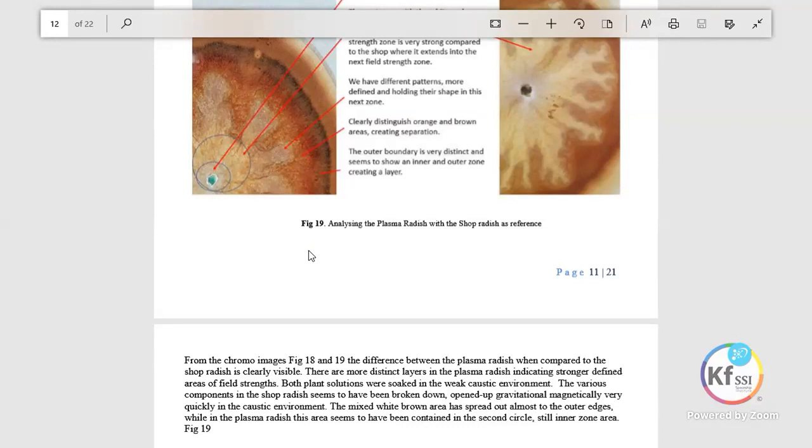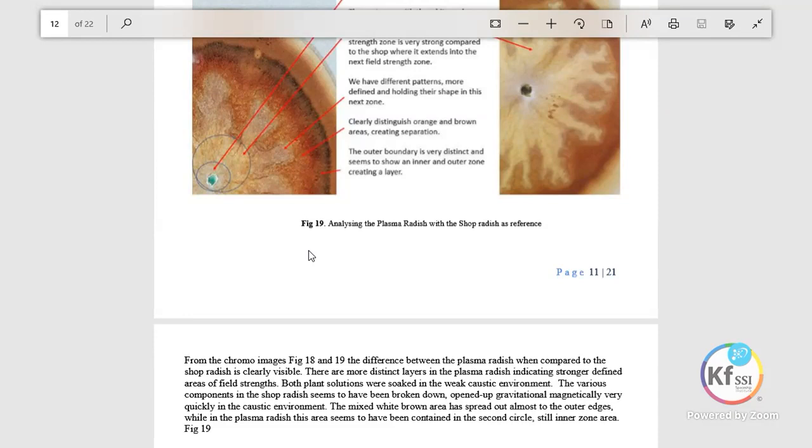Both solutions were soaked in that weak caustic environment. And to me, the various components on the shop radish seem to have been broken down, or as they opened up gravitationally magnetically very quickly in that caustic environment, where we can see where that mixed white-brown area has really spread out to the outer edges of that zone, whereas the plasma radish, it's maintained itself still in the center.